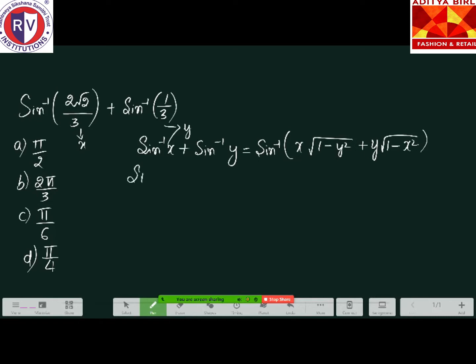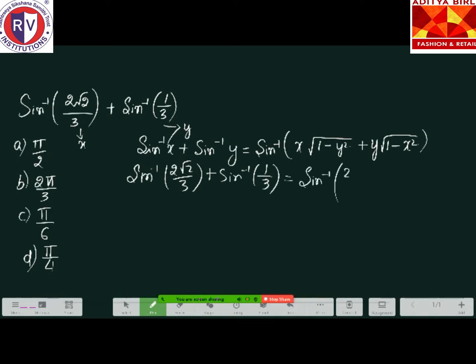That is sine inverse of 2 root 2 by 3 plus sine inverse of 1 by 3 is equal to sine inverse of x is 2 root 2 divided by 3 into root of 1 minus 1 by 3 whole square plus y is 1 by 3 into root of 1 minus 2 root 2 divided by 3 whole square.